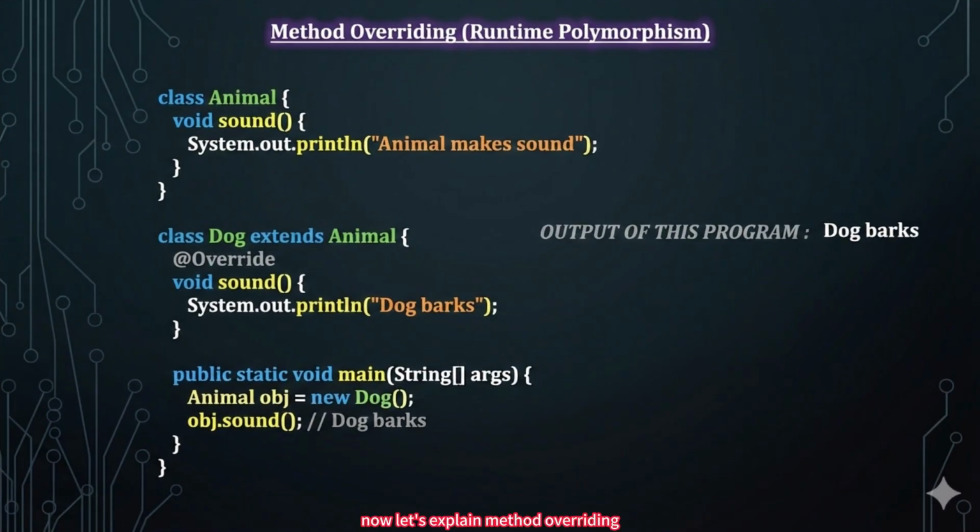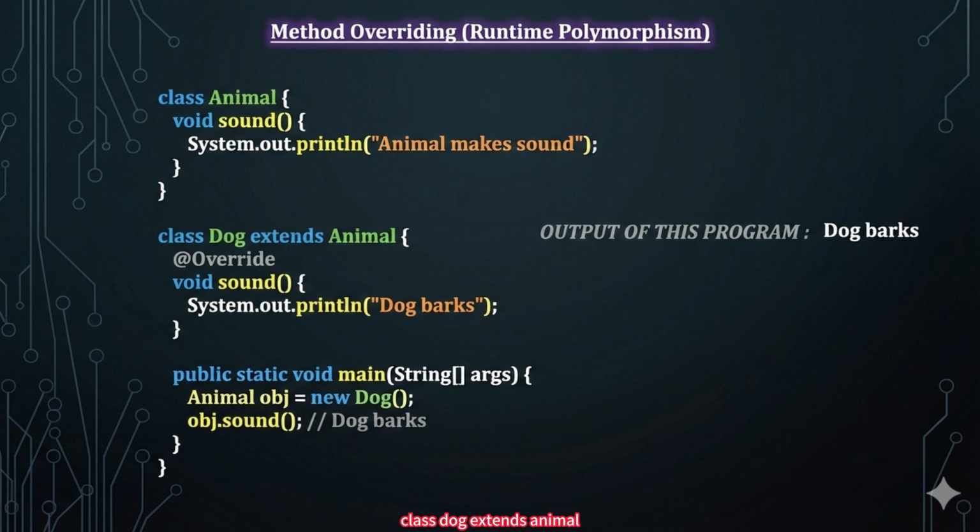Now let's explain method overriding. We have a parent class called animal. Inside this class, we have a method called sound. Void sound. System.out.println, animal makes sound. This method prints animal makes sound. Next, we have a child class called dog that inherits from the animal class.